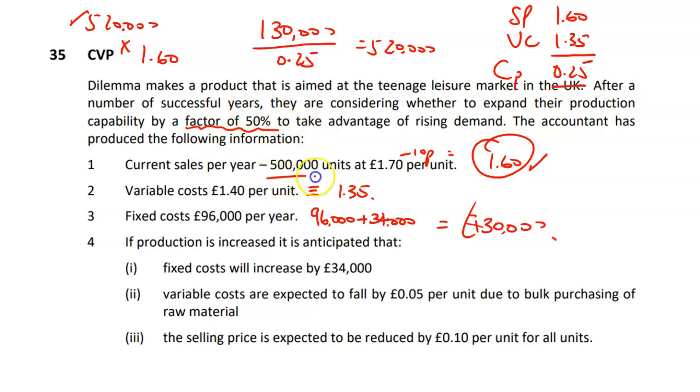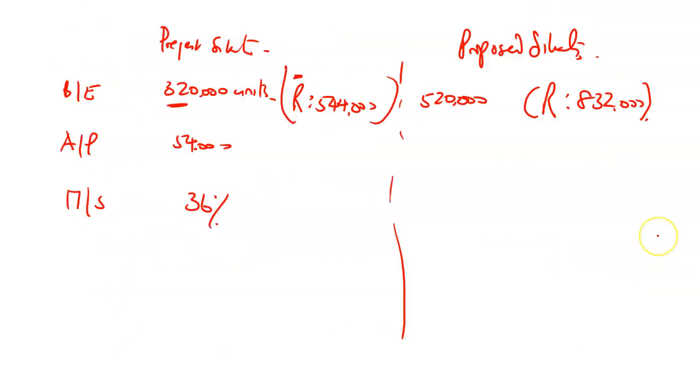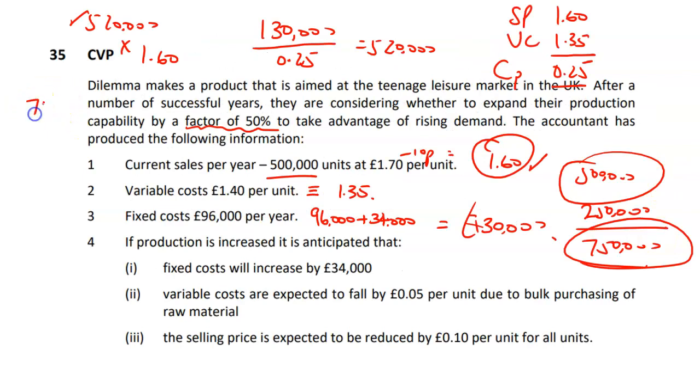So I'm going to assume that expanding means going from 500,000 to another 50% of this, and 50% of this is 250,000, right? So your new capability would be to sell 750,000, because I needed to calculate the annual profit, and the annual profit is at 750,000 units.